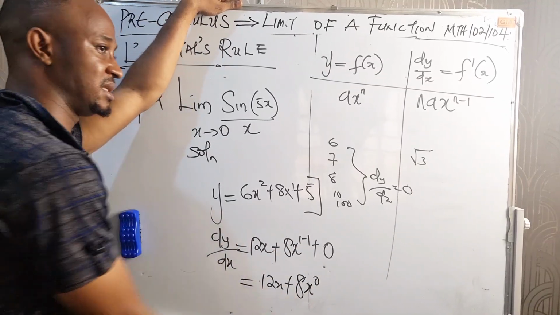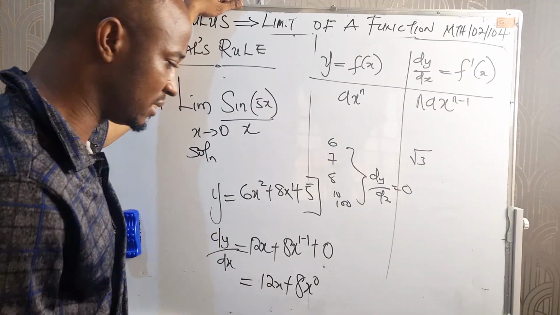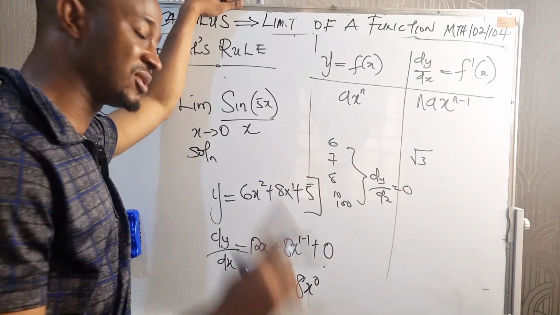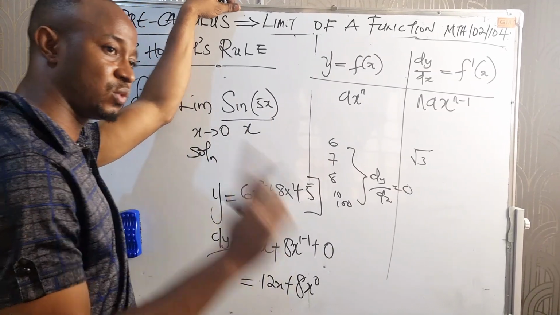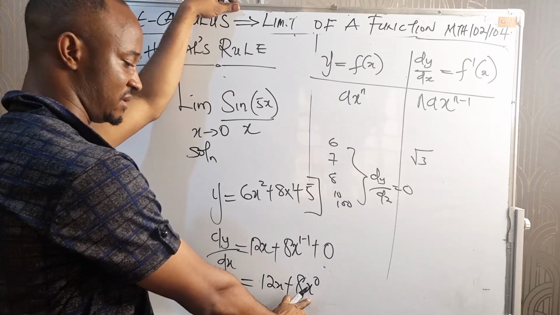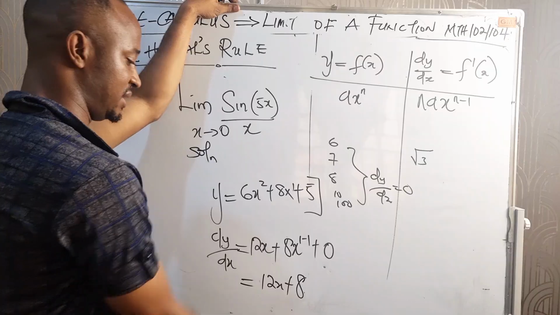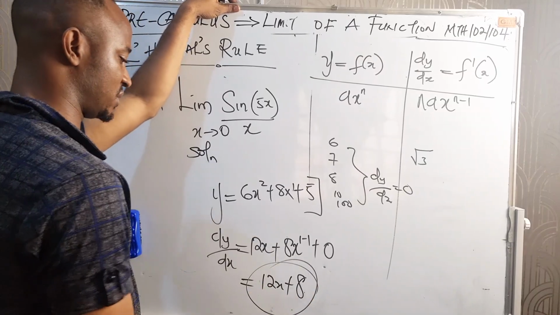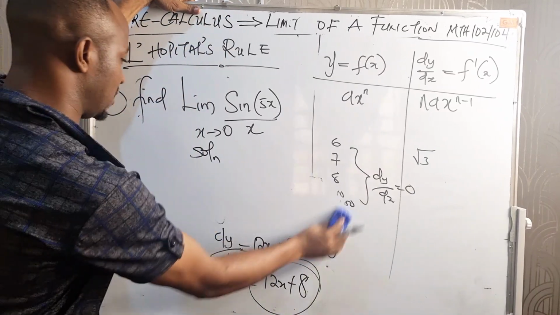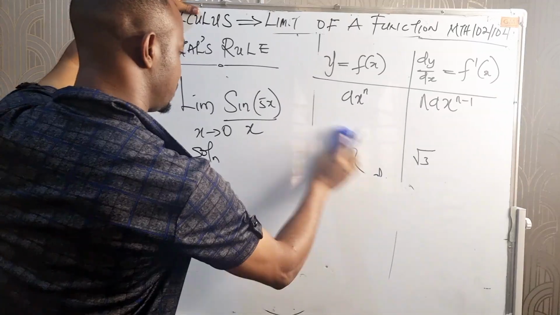In indices, any number apart from 0 raised to the power of 0 must be equal to 1. So x to the power of 0 is 1, and 1 times 8 is still 8. So my dy dx becomes 12x plus 8.